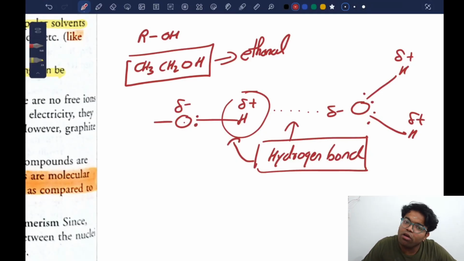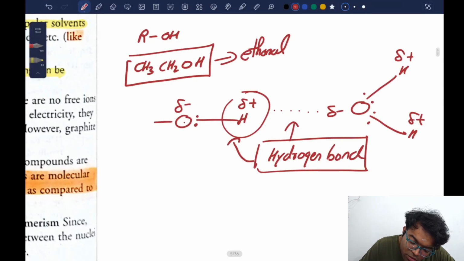Similarly, because oxygen has a partial negative charge, hydrogen has a partial positive charge. Now this hydrogen atom with its partial positive charge is able to attract this oxygen having a partial negative charge. The oxygen in the water molecule has a partial negative charge for the same reason, oxygen being more electronegative than hydrogen.